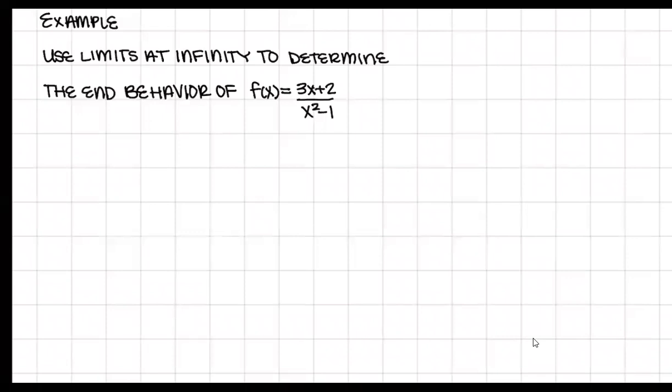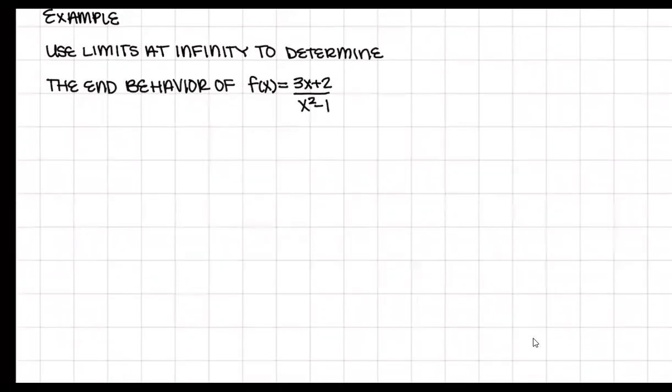So in this example, we're interested in using limits at infinity to determine the end behavior of this rational function. And the function is f of x equals 3x plus 2 divided by x squared minus 1. So in this case, we're going to be a little bit sneaky. And we're going to do the same multiply by 1 trick that we've done in the past.